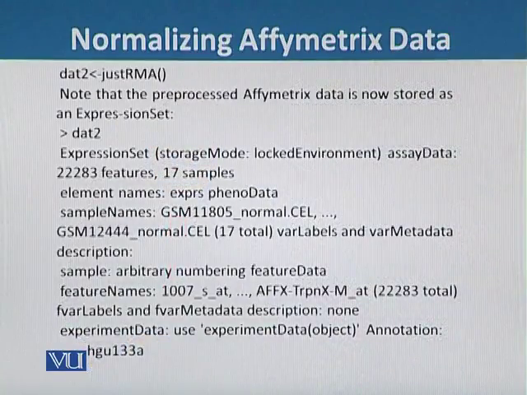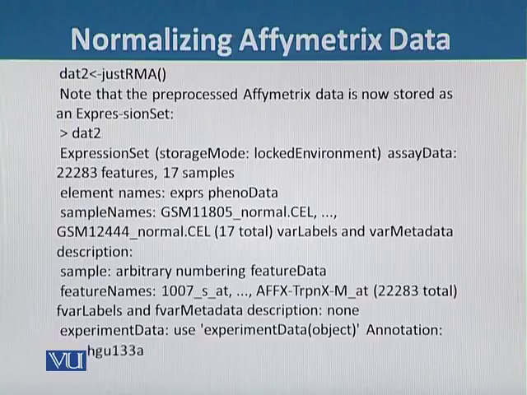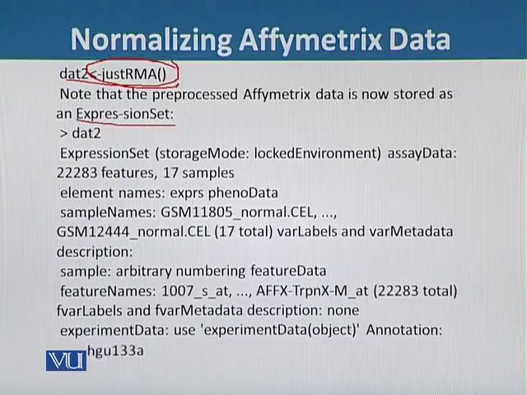So the program we have to write to normalize the Affymetrix data is DAT2, and we use this just RMA command. We have to note that the pre-processed Affymetrix data is now stored as an expression set, and we use DAT2 because it is stored in this form.